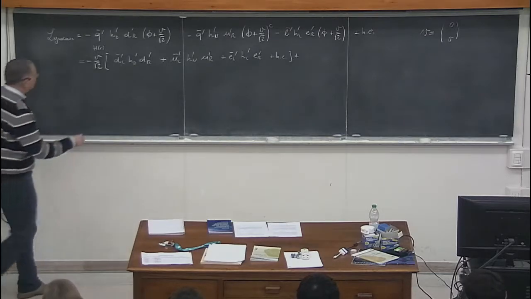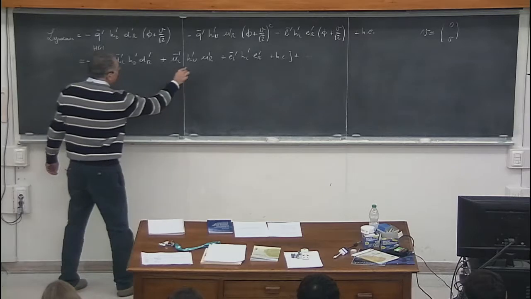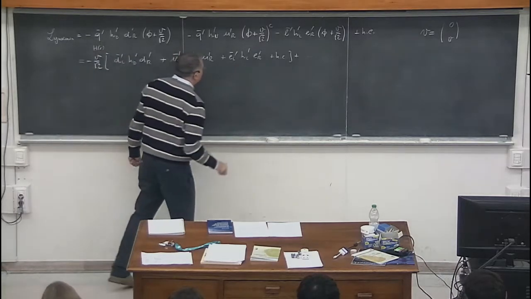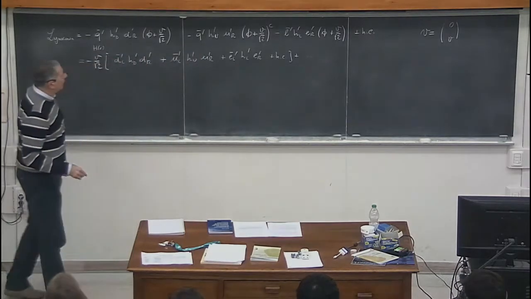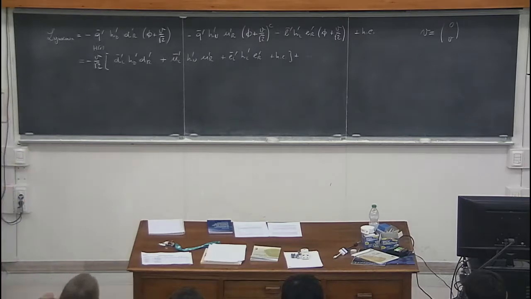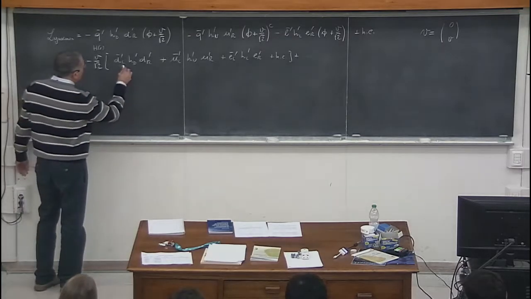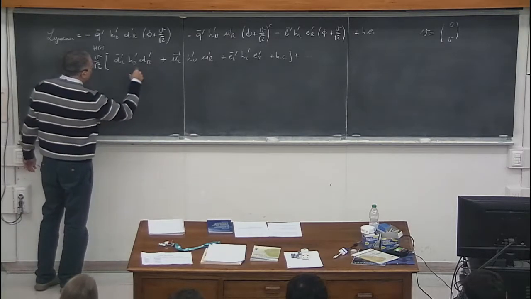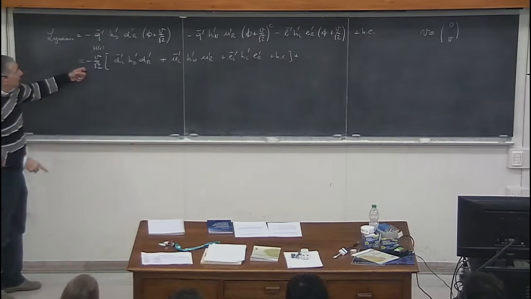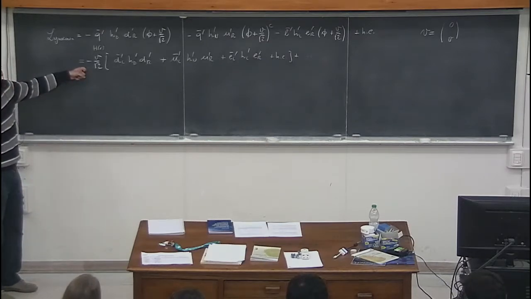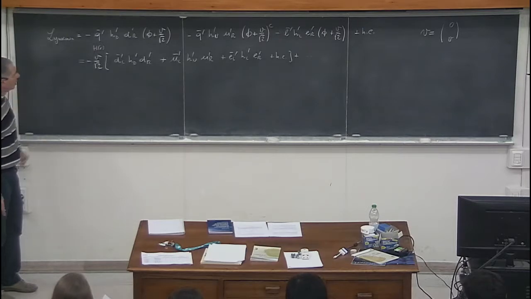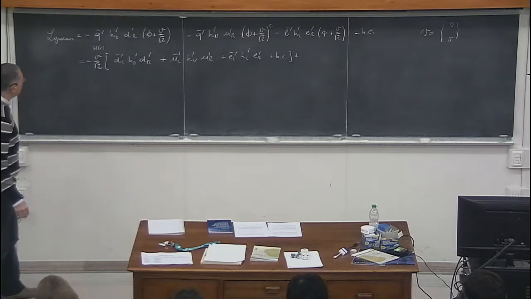As I said, these matrices in generation space, h prime up, down, and left, are arbitrary complex matrices. I would like to diagonalize them, because if I were able to diagonalize each of them, then this would be precisely a mass term for each massive fermion in the theory. And this can be done, actually.